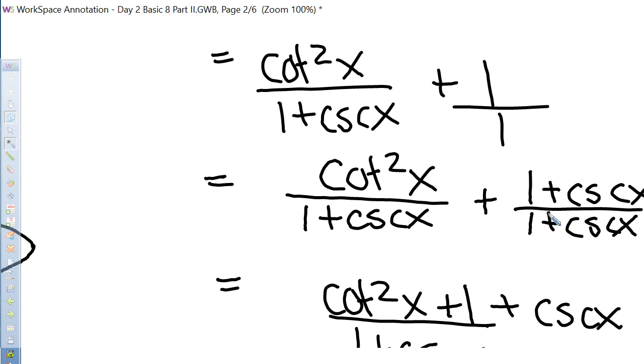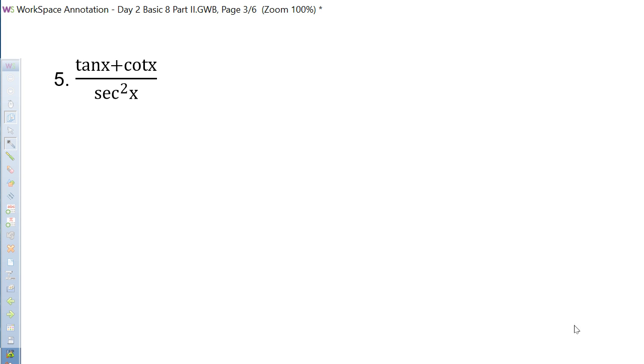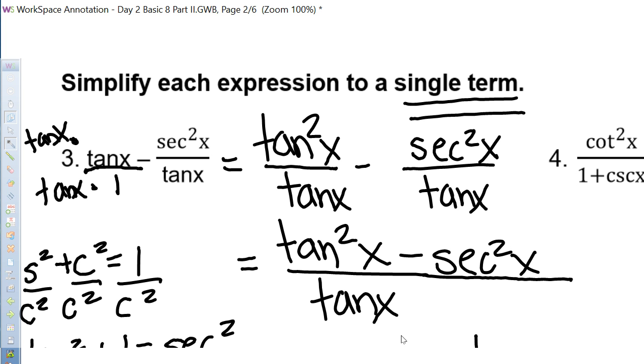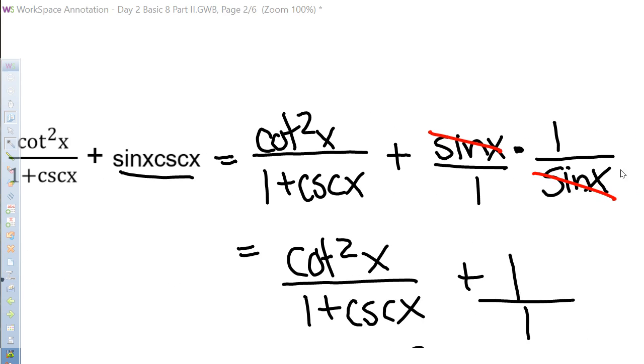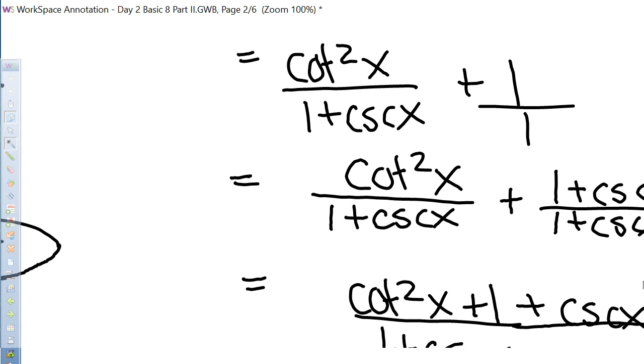What could I do next? This cosecant is part of a binomial. Is this one part of a binomial? No, so those won't cancel, so what else?